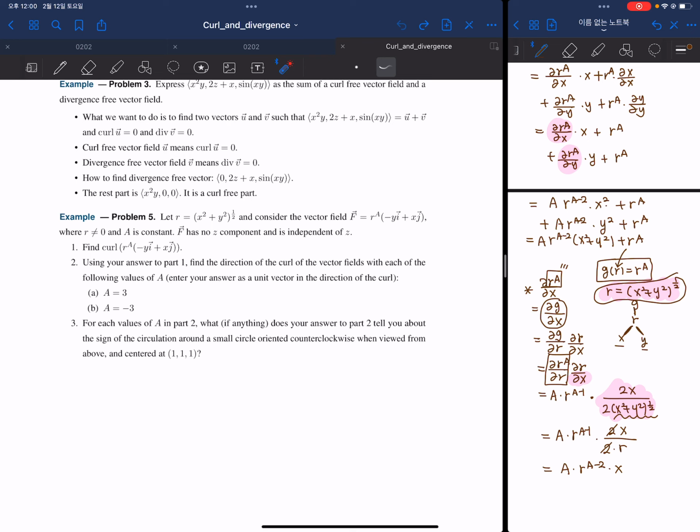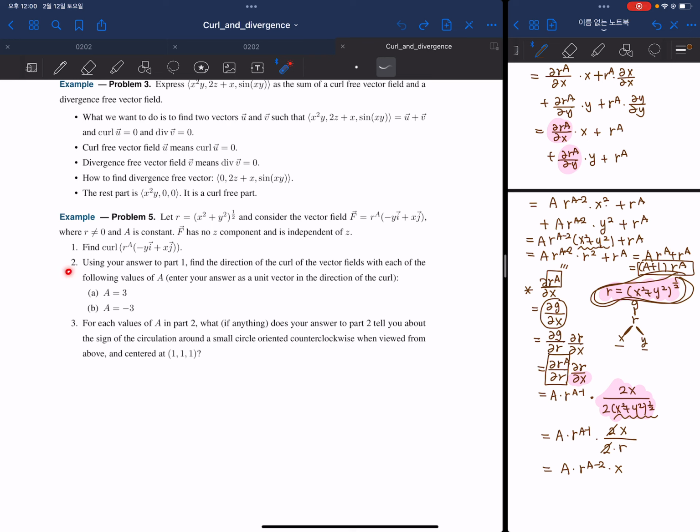Just erase it. x squared plus y squared, by the definition of r, is r squared. So it is a times r to the a plus r to the a, so you can say it is (a plus 1) times r to the a. So the curl is just (a plus 1) times r to the a in this case.